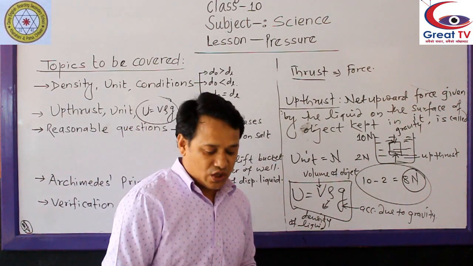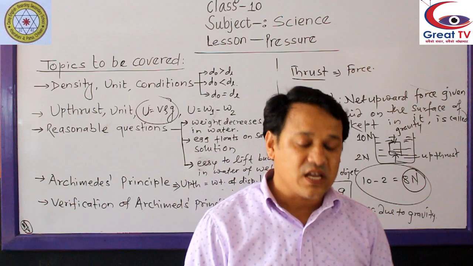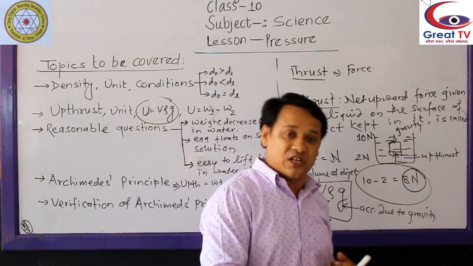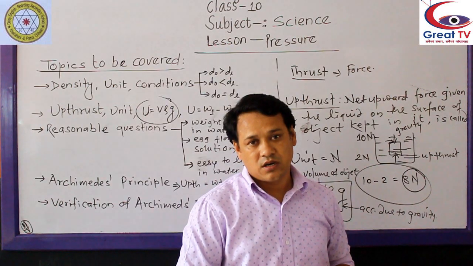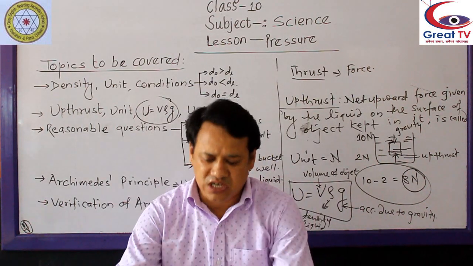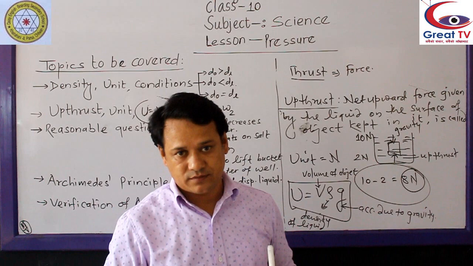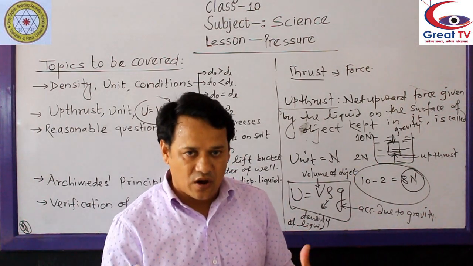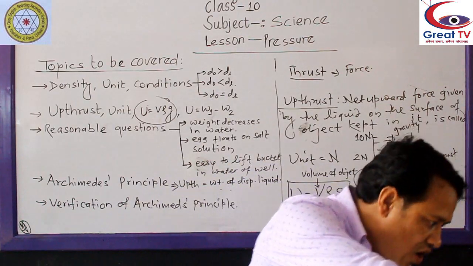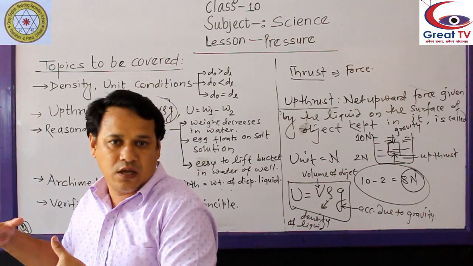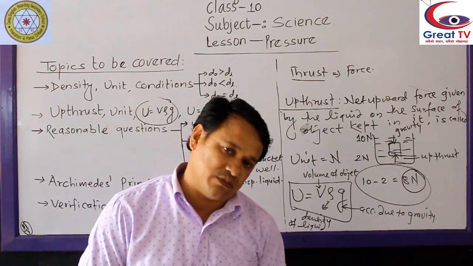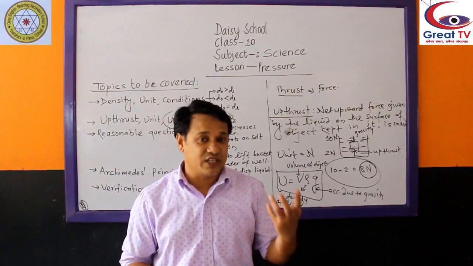I think you have such experience. During a flood, we can pull a very big log easily on water. But on the ground, we cannot even move it. Why? During the flood, there is water.